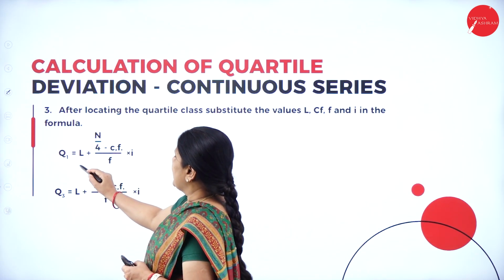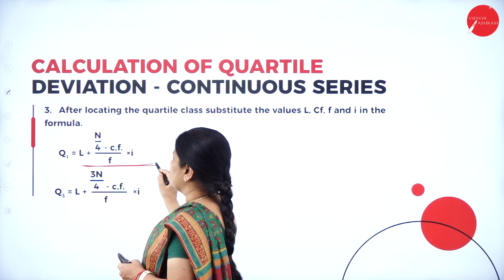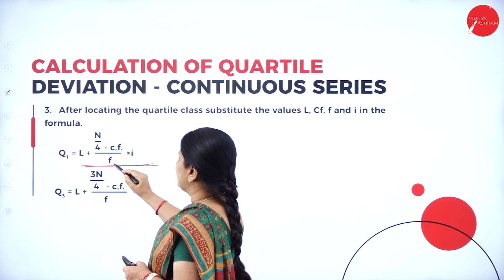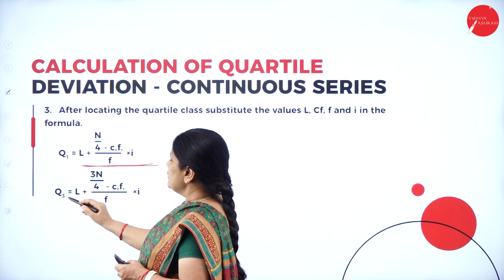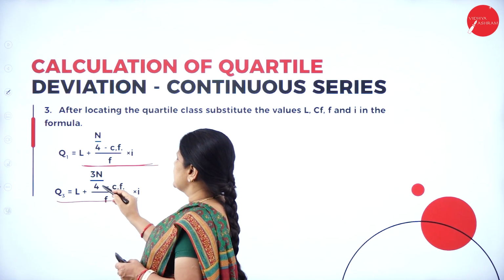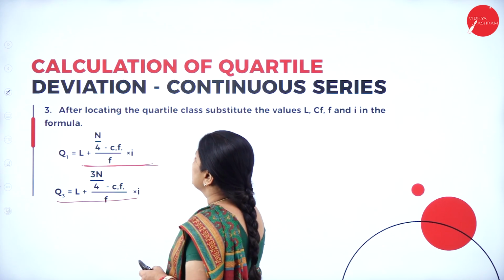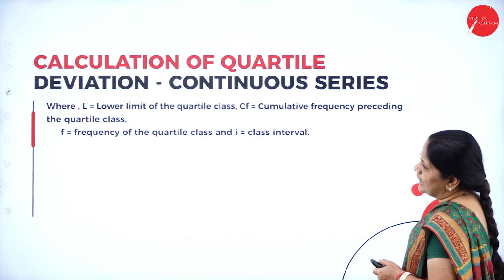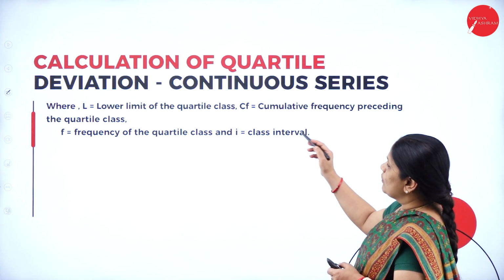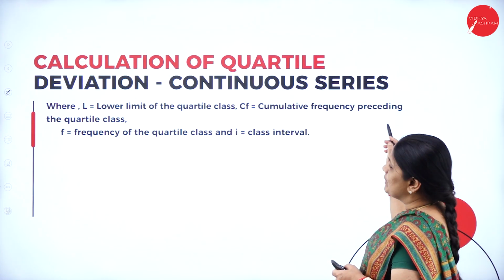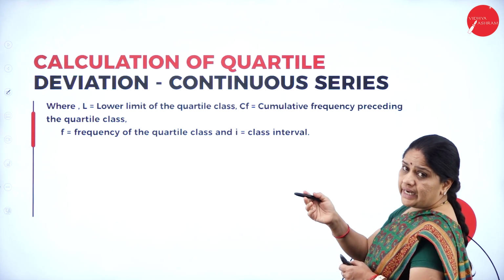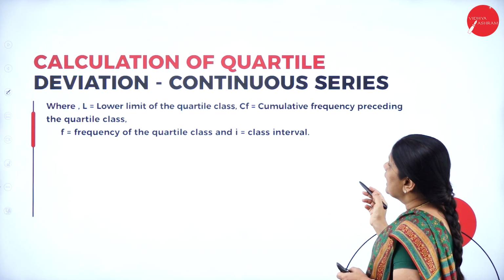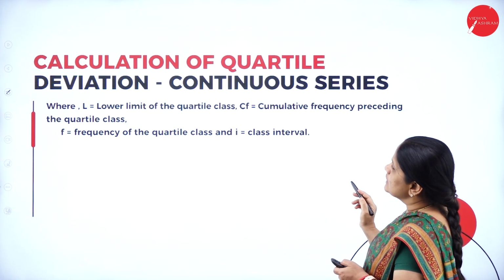So we have to use this formula, that is L plus ((n by 4 minus CF) divided by F) into I. For Q3 it is L plus ((3n by 4 minus CF) divided by F) into I. Here L is the lower limit of the quartile class, CF is the cumulative frequency preceding the quartile class, F is the frequency of the quartile class and I equals the class interval.